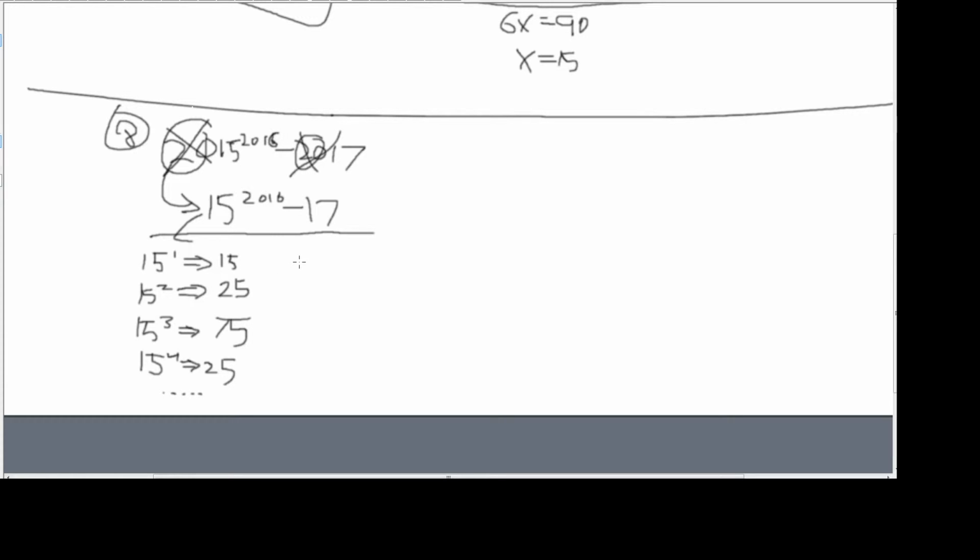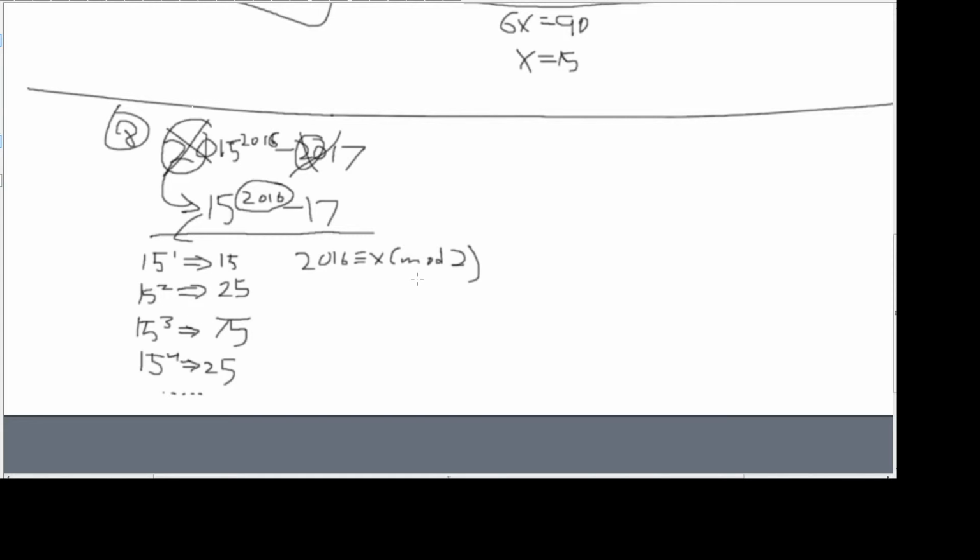Now that we have 2016, we're going to find what 2016 is congruent to modulo 2, because it repeats in a pattern of 2.